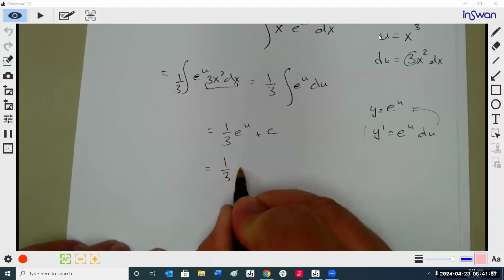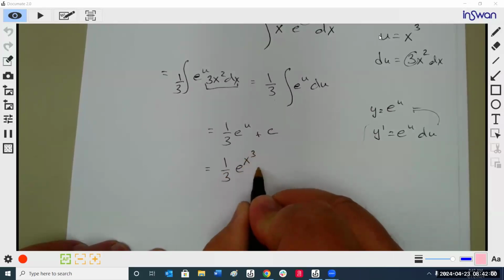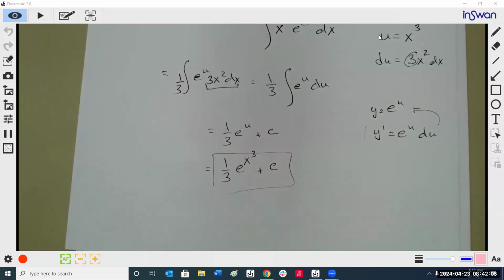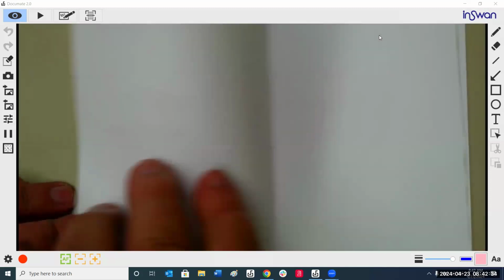So it's 1/3 e to the power x to the third plus c. And there's your answer. So far, so good. So as we talked about earlier in the examples, if you have x's in places, then usually the u part will be the x with a higher degree.